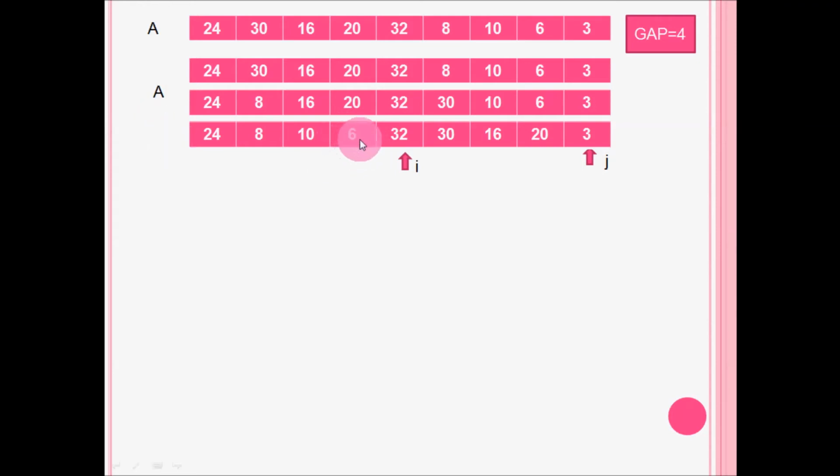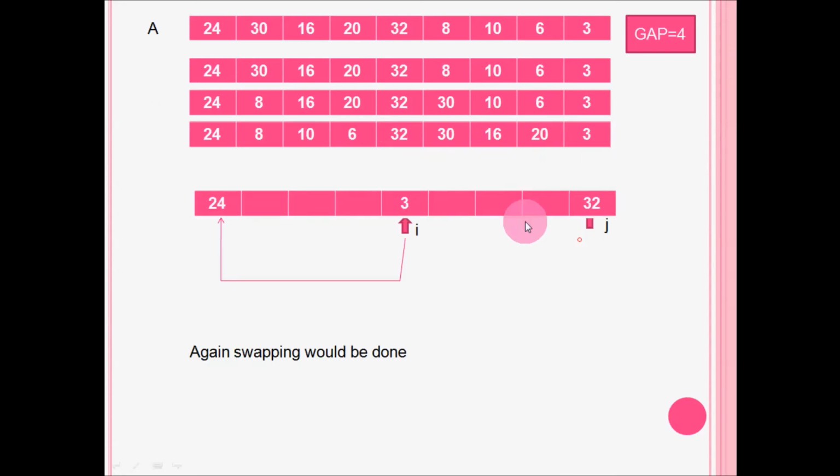That's why we are not comparing this 6 again to the fourth element in the backward direction. But now, if I increment I and J, J minus gap is I, and swapping is needed here. So 3 should be here and 32 should be here. Now, just like the forward direction, we have to check the backward direction too.